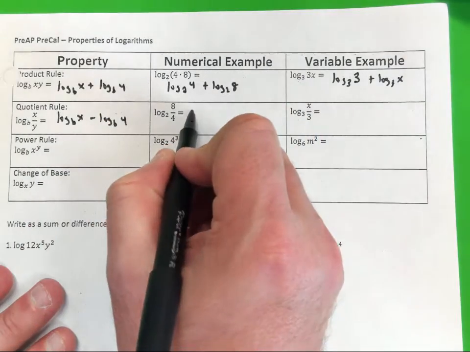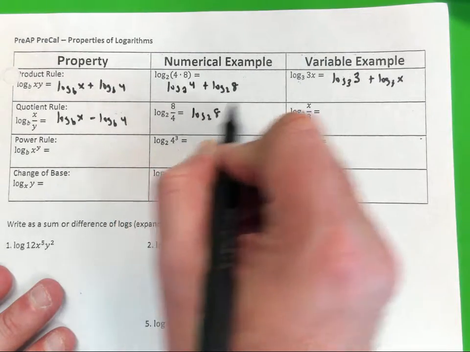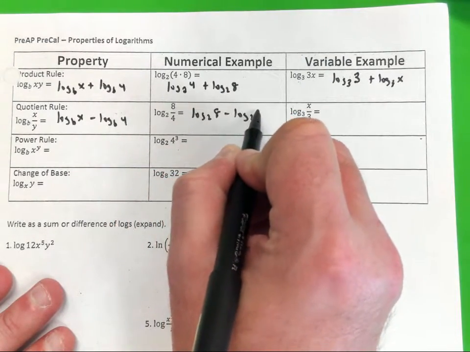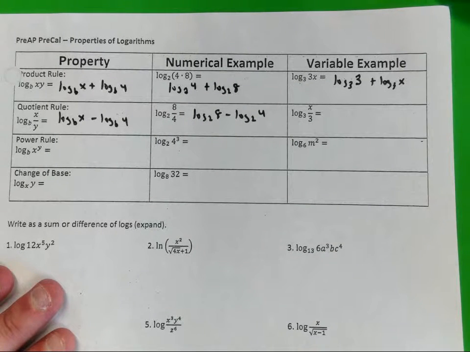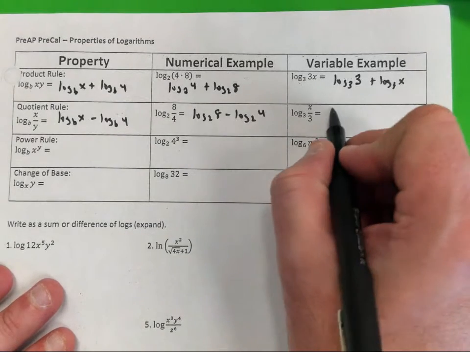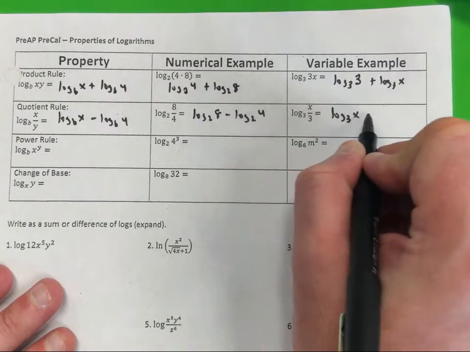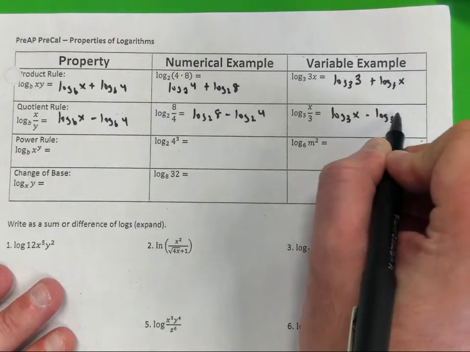Take that and apply here. That will be log base 2 of 8 minus log base 2 of 4. And then here, log base 3 of x minus log base 3 of 3.